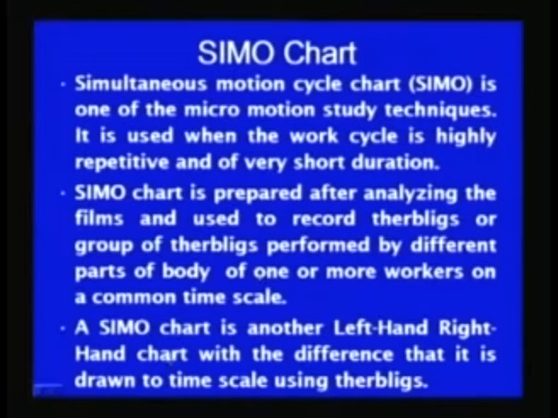It is another form of the left hand right hand chart, with the difference that it is drawn to the time scale and using therbligs. So, therbligs provide the things in greater detail for very short cycle jobs, while in the two-hand process chart or left hand right hand process chart therbligs are not used, where only the four elements of the work are used, which are operation, delay, hold and transport.